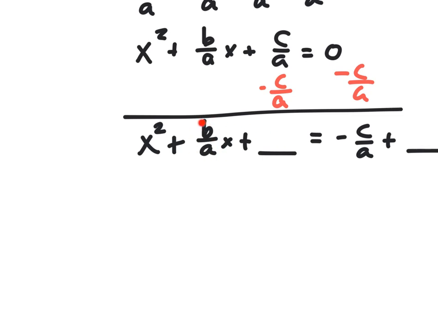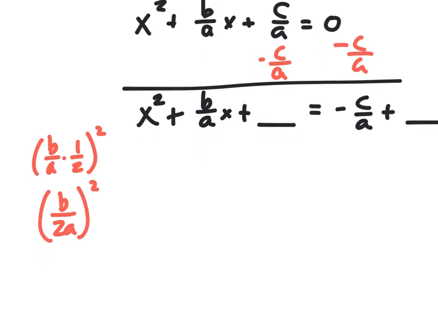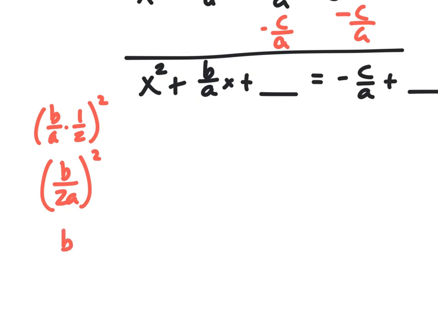So I take my middle term, which is b over a, multiply that by a half, and then square it. So I end up getting b over 2a, this quantity squared. If I were to actually square that, that's going to give me b squared over 4a squared.